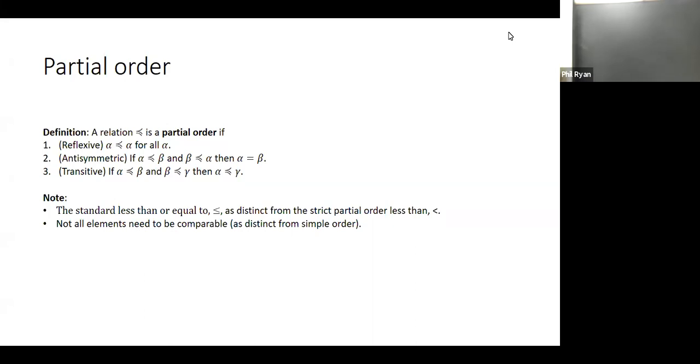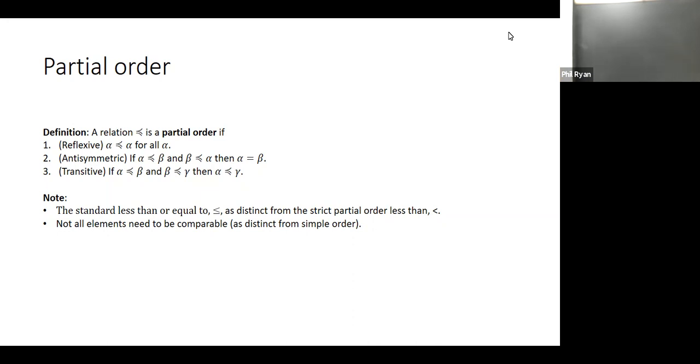But it's possible to have an order in which it's impossible to actually compare two things. So a partial order is a relation which is reflexive.